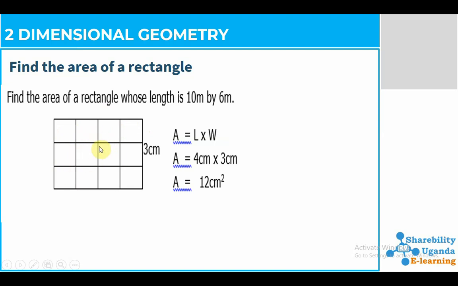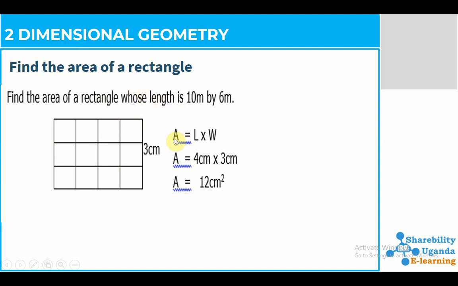When they tell you to find the area of a rectangle, you should also have a concept of our formula. These formulas do not resemble, but they do vary depending on the type of the shape. Now, if this is a rectangle, it has a different formula from the other formula, which is for a square.